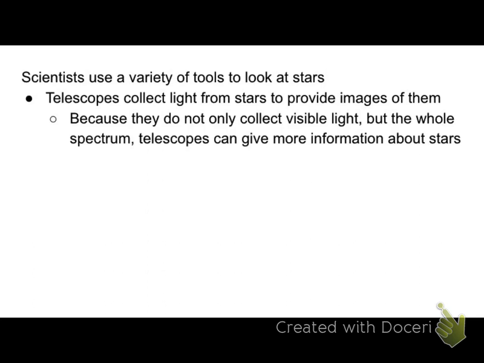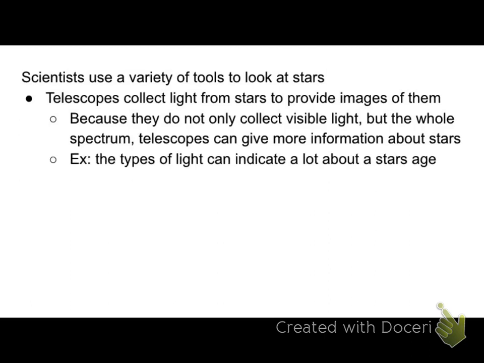They collect the entire spectrum of electromagnetic radiation or light. So that means that telescopes can actually give you more information about stars than just what they would look like to our eyes. Okay? For example, different ages of stars produce different wavelengths of electromagnetic radiation. So telescopes can collect that radiation and tell you the approximate age of a star.